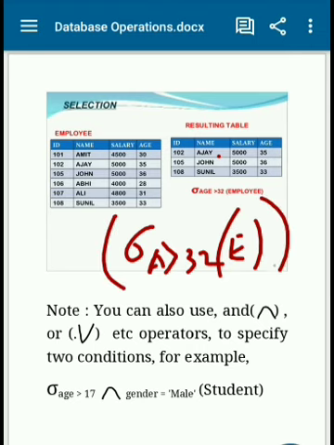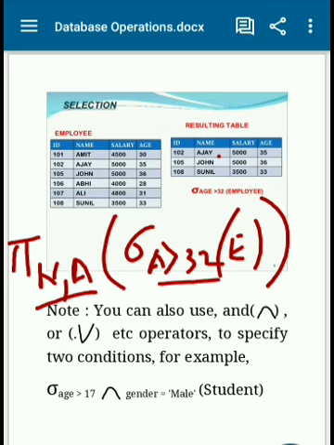So we have to apply the projection operator on this relation, that is projection name, age. What is the syntax of the projection operator? We write the attribute names as the subscript of the projection operator, and we write the relation name inside. If we write employee here, it gives the name and age attributes from the employee table, but we want name and age from the resulting table of this condition.